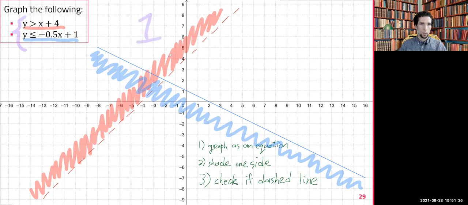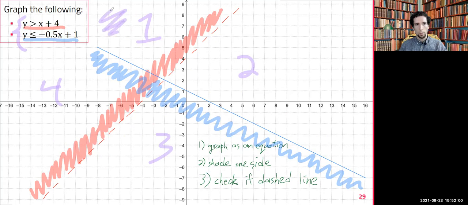It could be one, this whole area like this. It could be two, this whole area. It could be three, this whole area, or it could be four, this whole area. All right, let's consider each of these one by one.